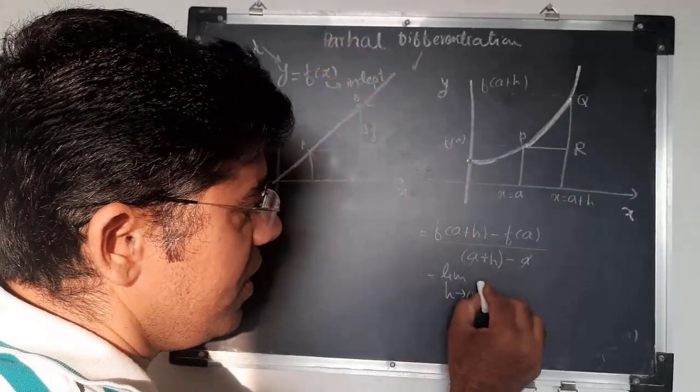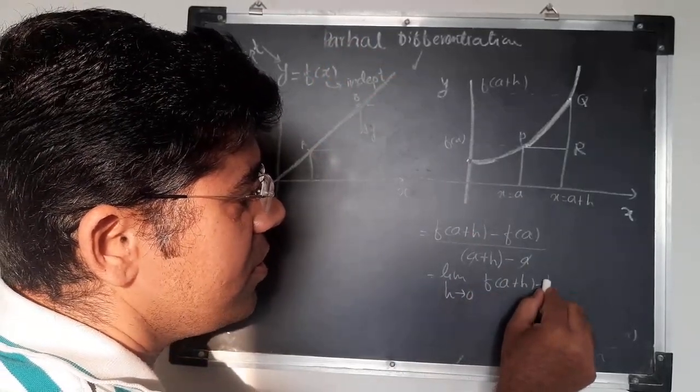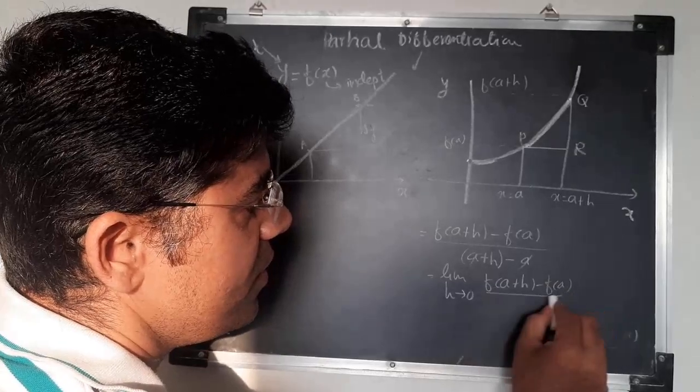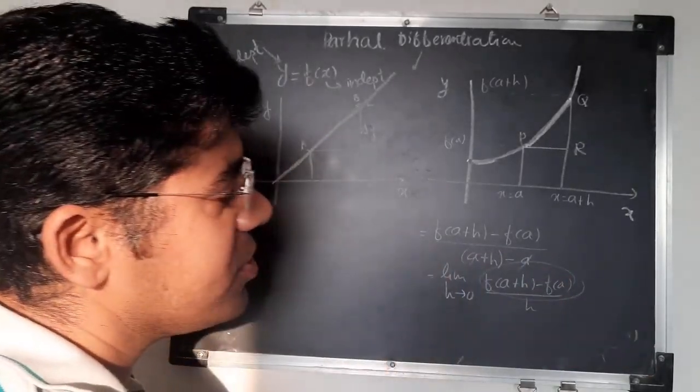So that tends to 0, and this is f of A plus H minus f of A divided by H.